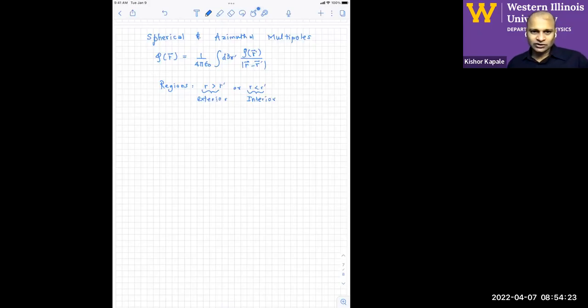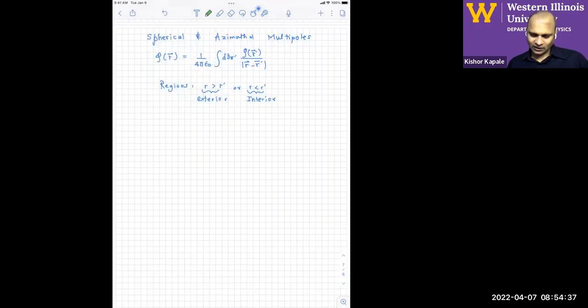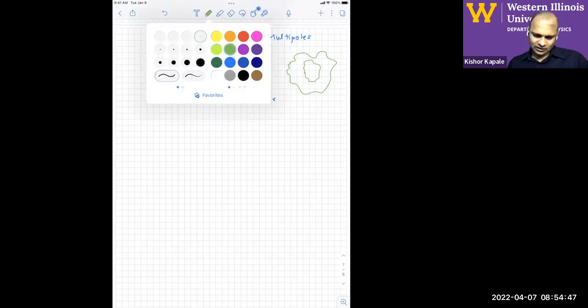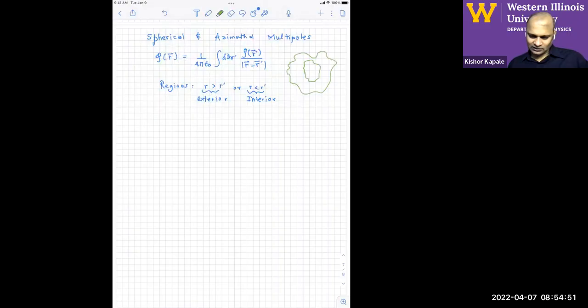And I should probably show you how this thing works, right? So we're going to assume that the charge density is in such a way, I'm just going to use a different color here. So here is the charge density, but there is some exclusion region in the center.